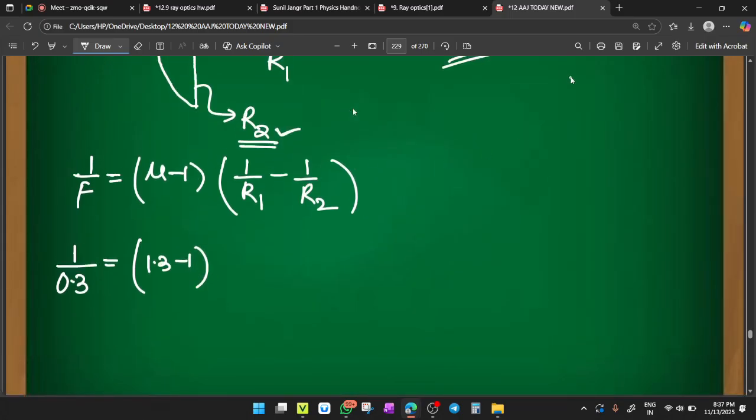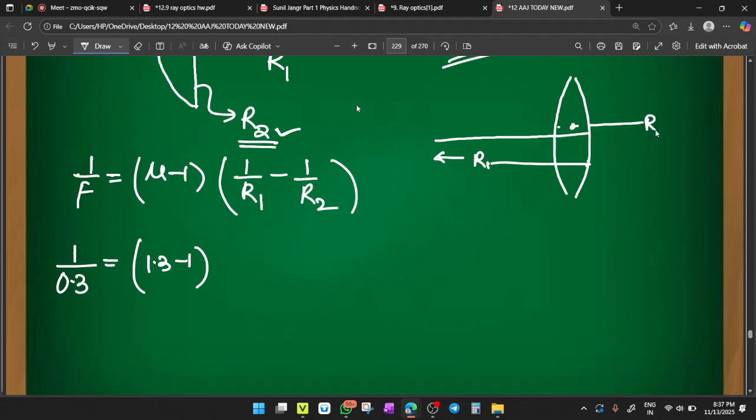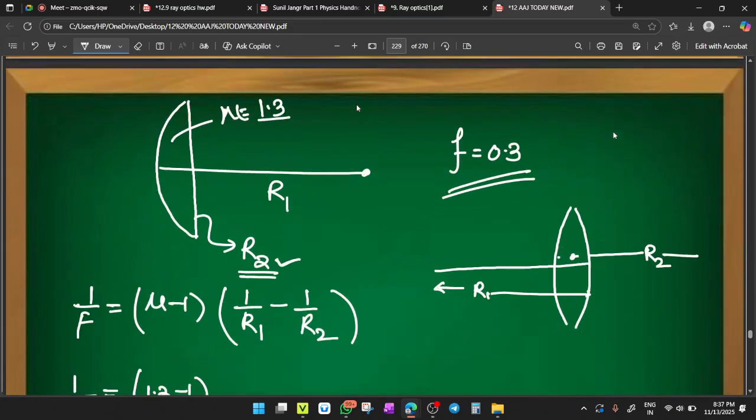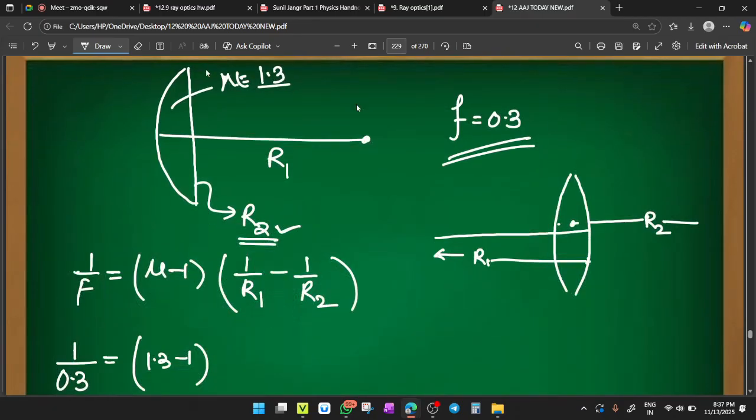Now in the lens, during the lens maker's formula, you know where is R1? This distance is R1. Yes or no? And here this part, the right, it is R2. Clear or not clear? Now the R1 for this part, what is R1 here?